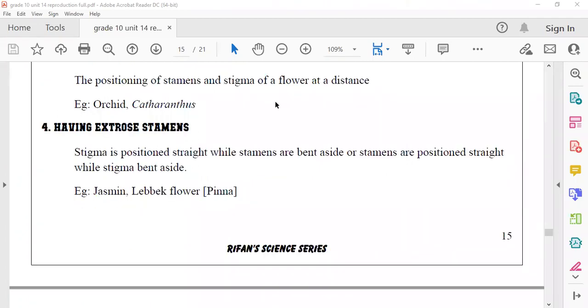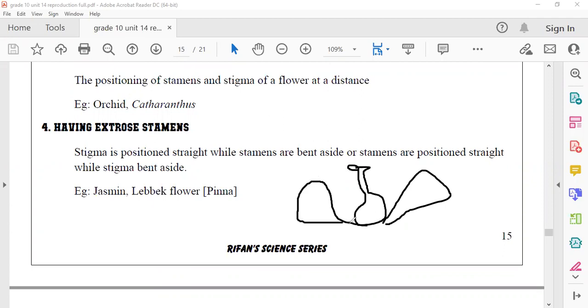Another thing is having exserted stamens. In exserted stamens, if this is the flower, if this is the stigma, drawing using the mouse is not so easy, I am just drawing it.